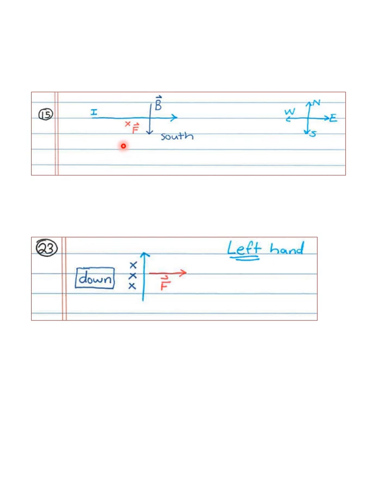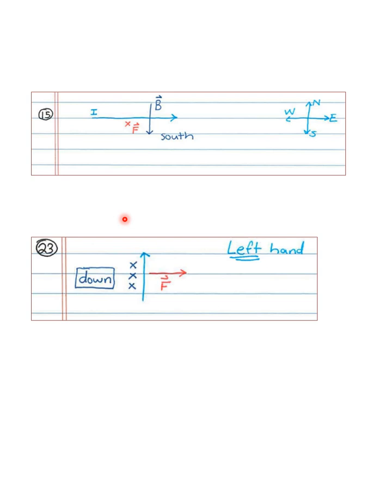You're going to use your right hand and point your outstretched hand and fingers towards the right. Your thumb points into the page, and when your fingers curl at a 90-degree angle, they point down, which is in the southward direction.